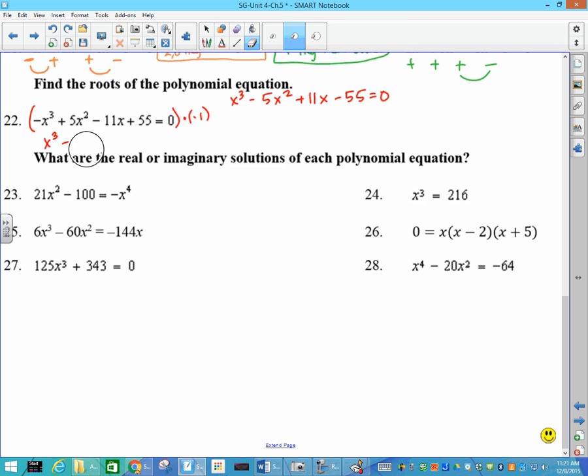Okay, so if you can't see to factor it, then you could find the factors of 55 and use synthetic division to get it down to numbers that you know or a quadratic that you know of.